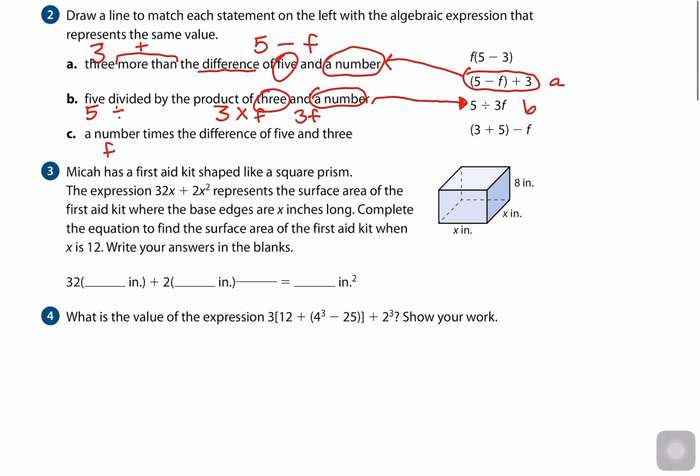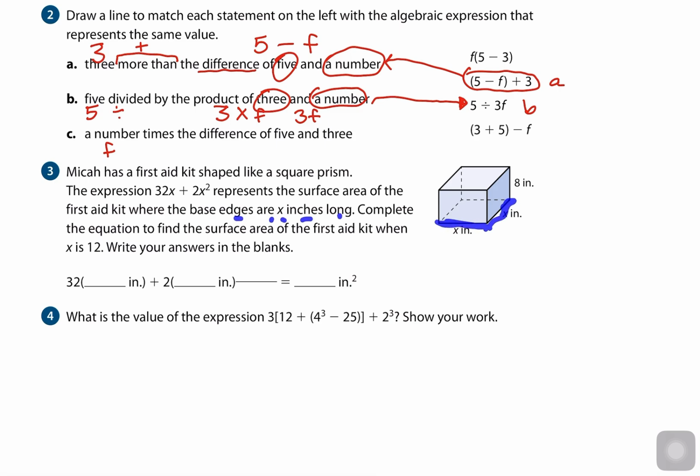Okay? Next question. Mika has a first aid kit shaped like a square prism. The expression 32x plus 2x squared represents the surface area of the first aid kit, where the base edge are x inches long.